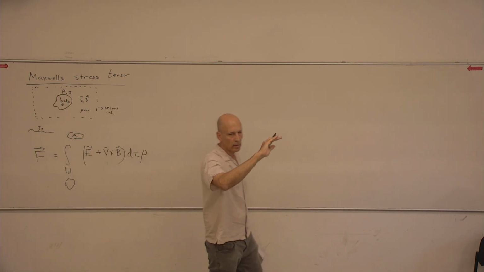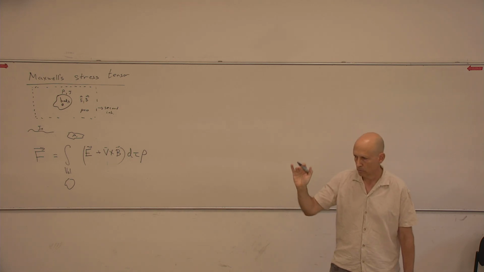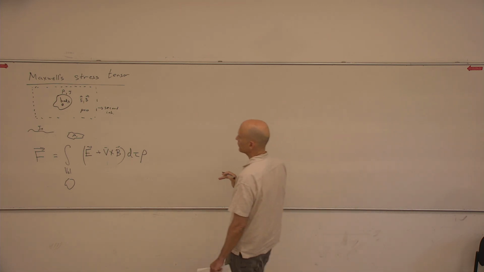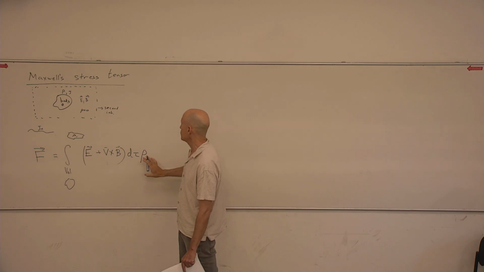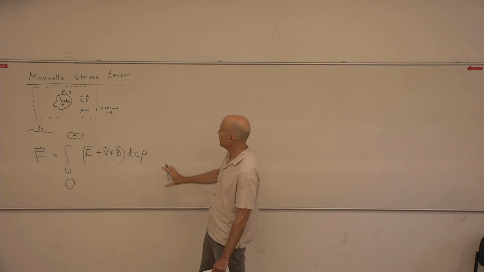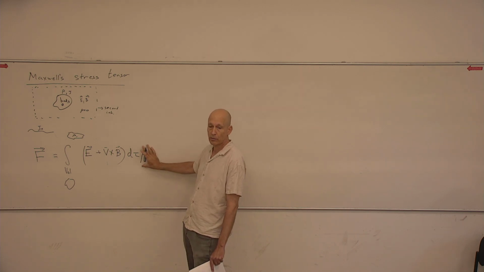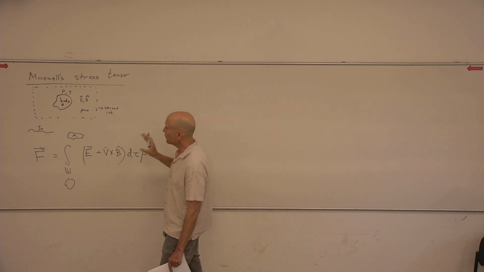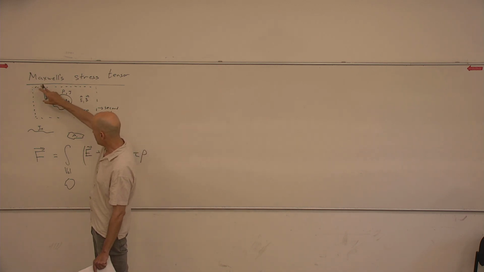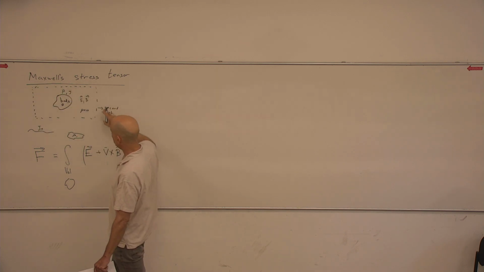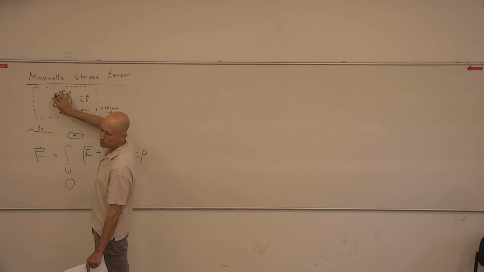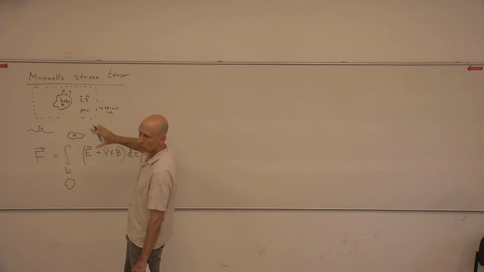So I can extend the integration volume. This will not do anything, it would actually be very stupid because rho is zero there, so I didn't do anything. But if I replace this with the electric field, at the end of the day I can measure the electric field here and magnetic field here in order to infer the force here. That is going to be the general idea.